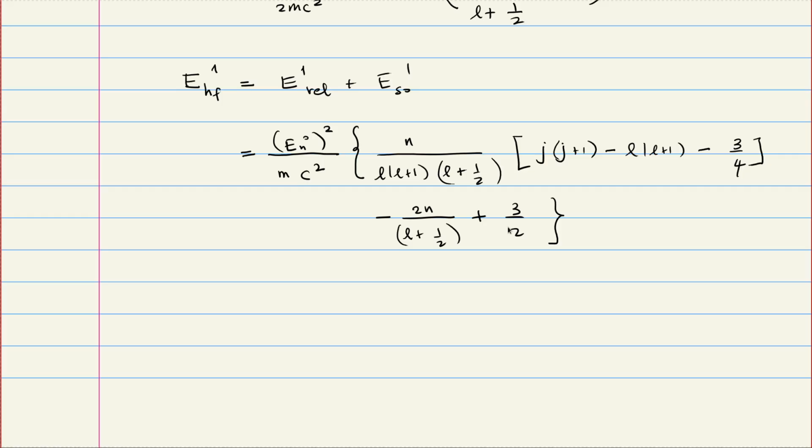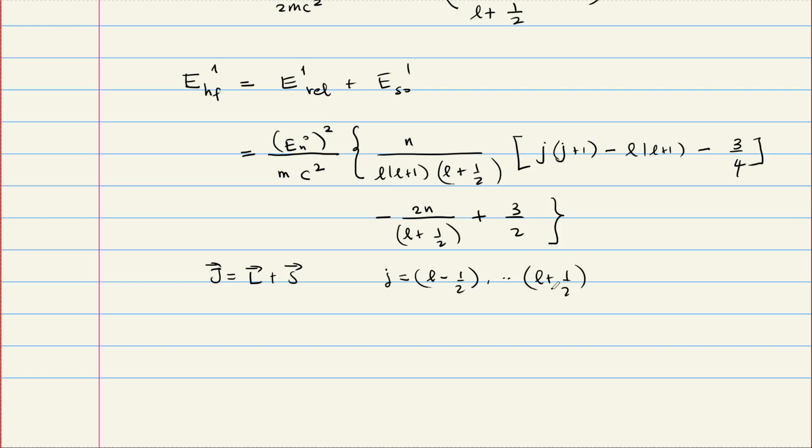And here now I need to think about what j can be. So j is equal to l plus s, and then j can be what? j can be l minus s, which is 1/2, all the way to l plus 1/2.